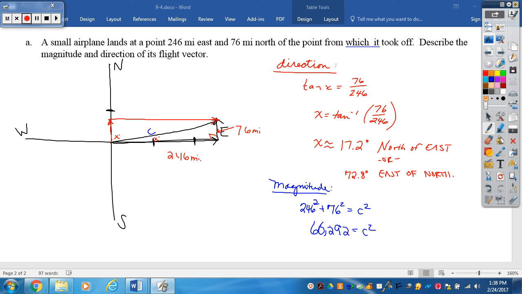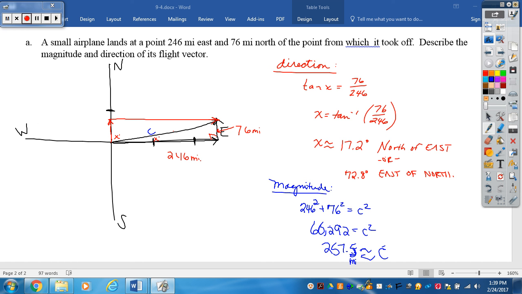And then you square root both sides and you end up with approximately 257.5. Okay, and that's going to be c, actually it should be miles there. Okay, 257.5 miles. All right.